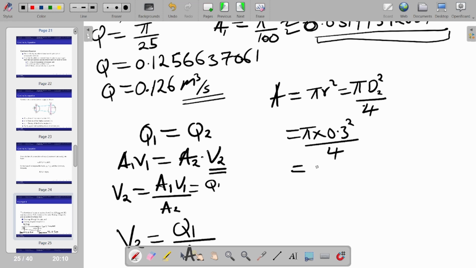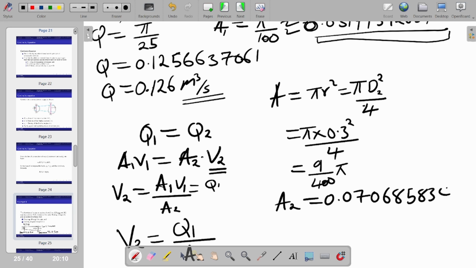This is equivalent to 9 over 400 pi, or in decimals the area at 2 will be given by 0.07068583471. I don't want to see people rounding off, especially those who are not attending the class. Me, I'm writing in full.